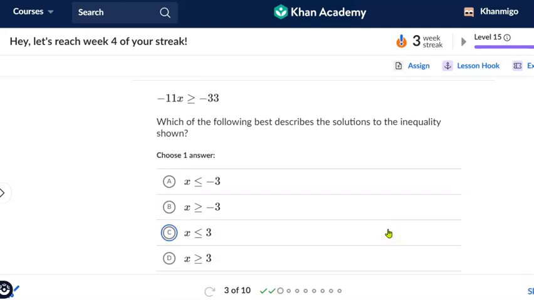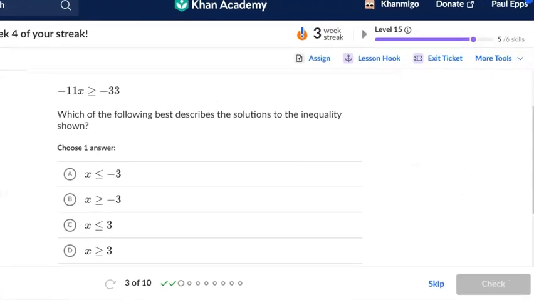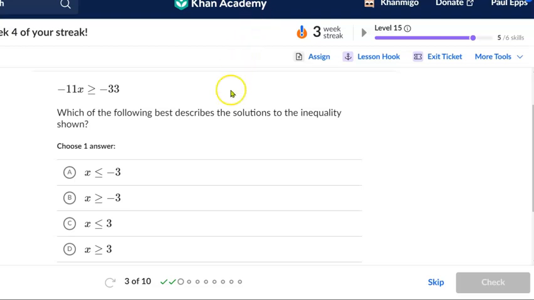Okay. Which of the following best describes the solutions to the inequality shown? Well, if we divide both sides by -11, we'll get x on the left and we'll get 3 on the right.